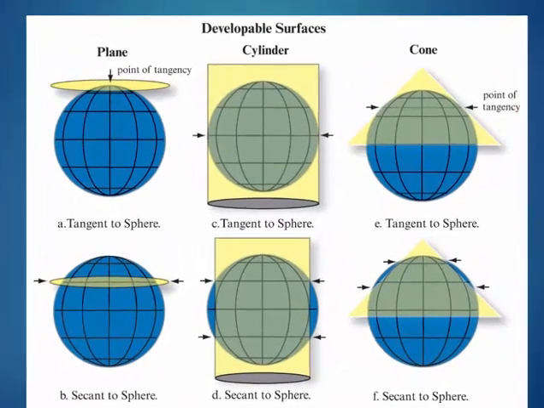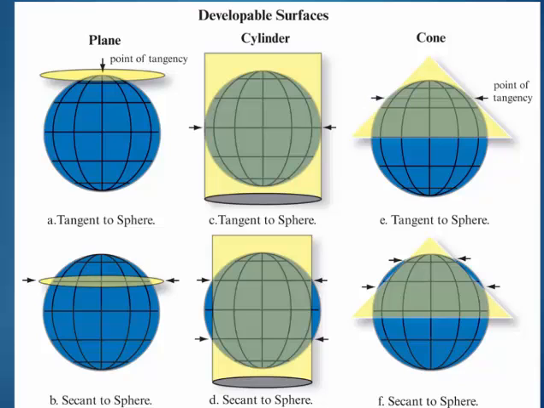If we use a plane, we have a point of tangency, and the areas touching the plane are not distorted. If we use a cylinder, any location that is tangent or secant to the sphere, or touches the sphere perfectly, will not be distorted. Finally, if we use a cone to flatten the Earth, an area that is tangent or secant to the cone will also not be distorted.